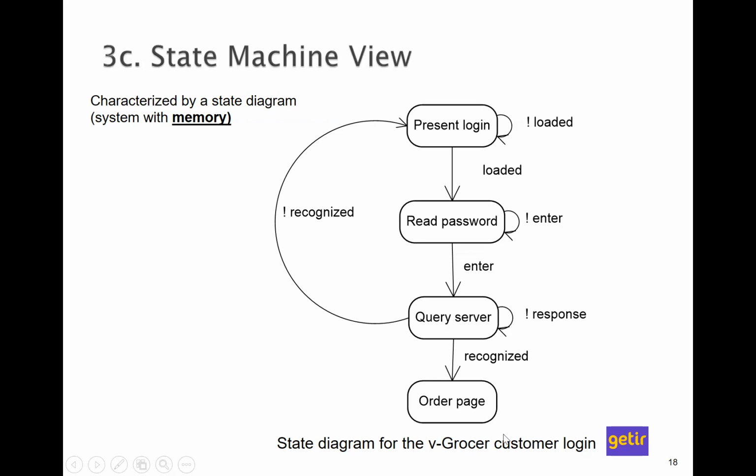So when a customer tries to log in to the system, then simply this process is represented by this state diagram. I'm sure that many of us are quite familiar with registration or login process.